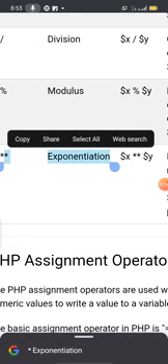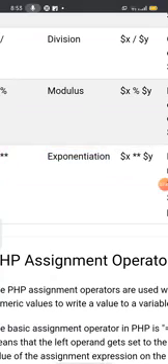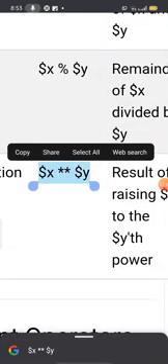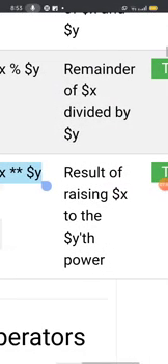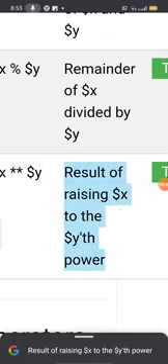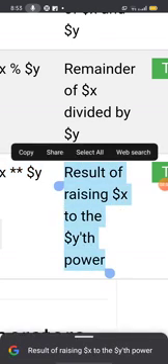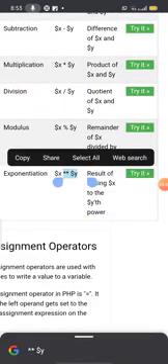Everyone, you know what exponentiation is. There are two stars for exponentiation. The example given is $x star star $y, which is the result of raising $x to the $y-th power. Let us see the example for it.